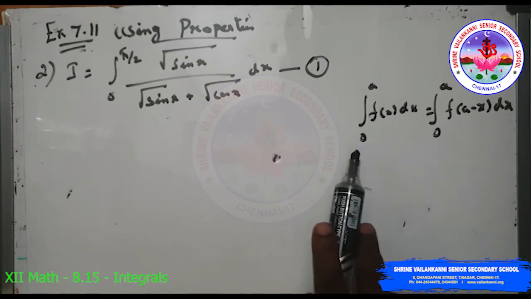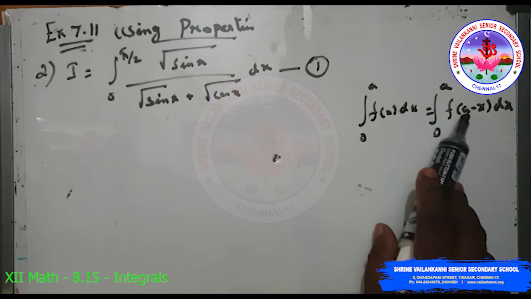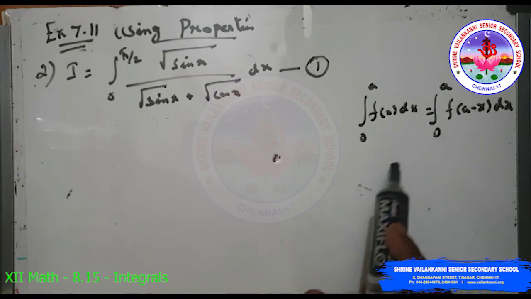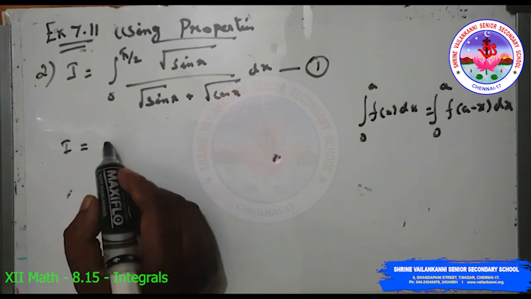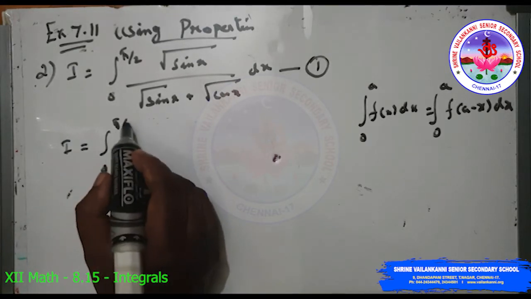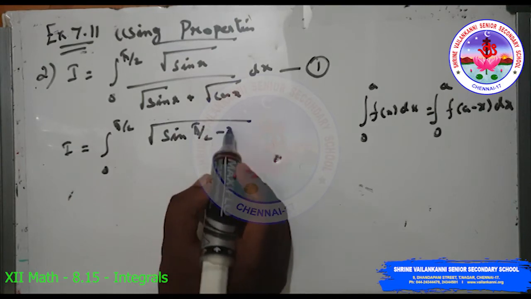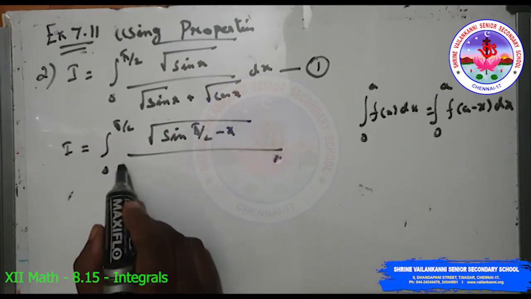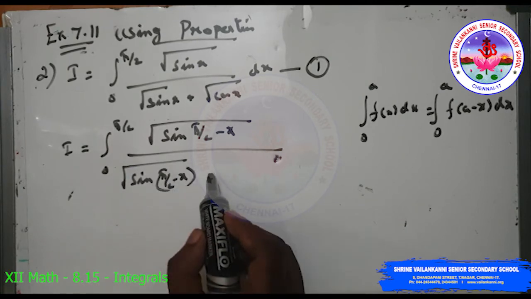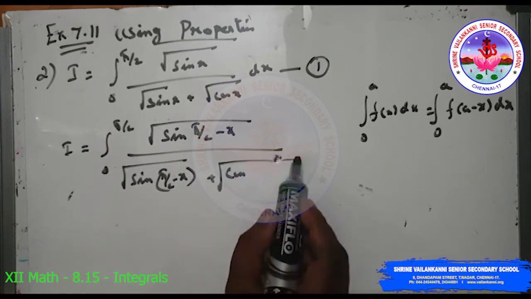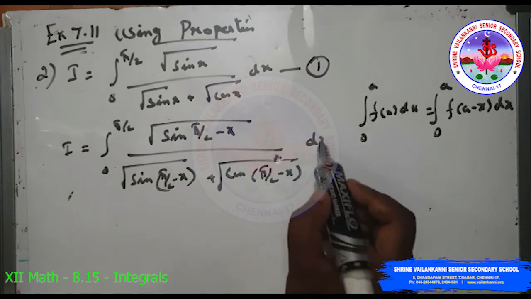So using this property, integral 0 to a f of x dx is equal to integral 0 to a f of a minus x dx, you can write this as I equal to integral 0 to pi by 2 root of sin of pi by 2 minus x by root of sin of pi by 2 minus x plus root of cos of pi by 2 minus x dx.